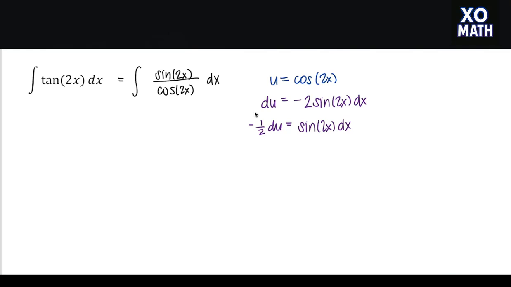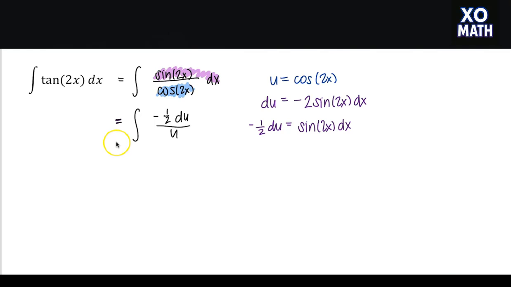All right, so if we perform our change of variables here, our cosine of 2x will become u, and our sine of 2x dx will become negative 1/2 du. So my integral is going to be the integral of negative 1/2 du over u. So replacing the numerator with negative 1/2 du and the denominator with u.